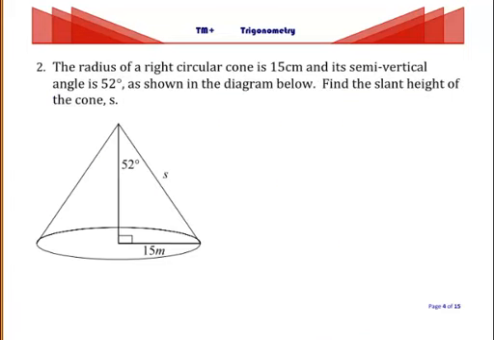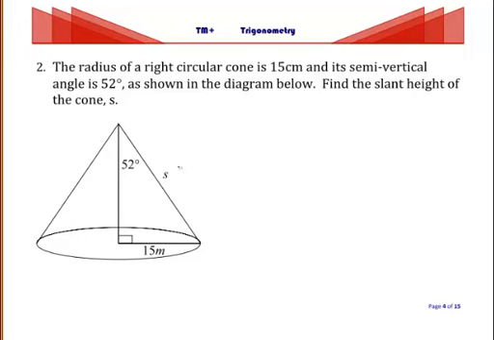Next, the radius of a right circular cone is 15 centimetres and its semi-vertical angle is 52 degrees, as shown in the diagram below. Find the slant height of the cone, S. Now the great thing here is everything's been given to you, so if you weren't too sure about what a right circular cone is or what the semi-vertical angle is, it doesn't matter because it's in the diagram.